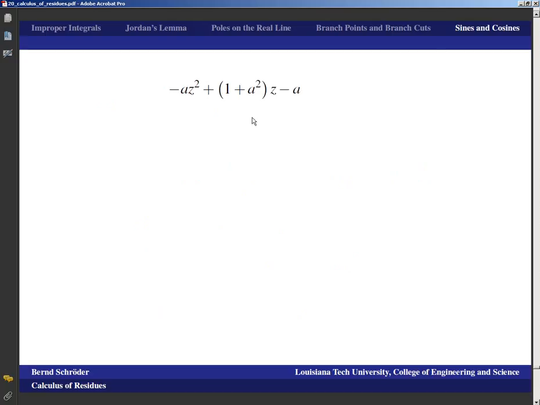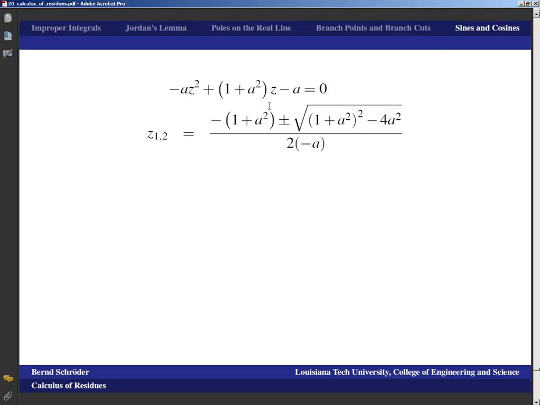And so now we need to find the residues at those singularities, remembering that we also have a singularity at 0. So we take this horrible denominator, set it equal to 0, and inflict the quadratic formula on it. Well, negative the linear term, plus minus the square root of the square of the linear term, minus 4 times the term in front of the z squared times the constant term, that's minus 4 times negative a, so that's minus 4a squared, divided by 2 times the term in front of the z squared, which is 2 times negative a.